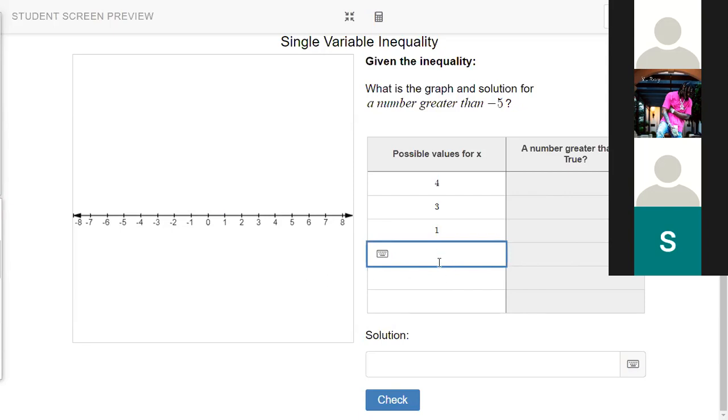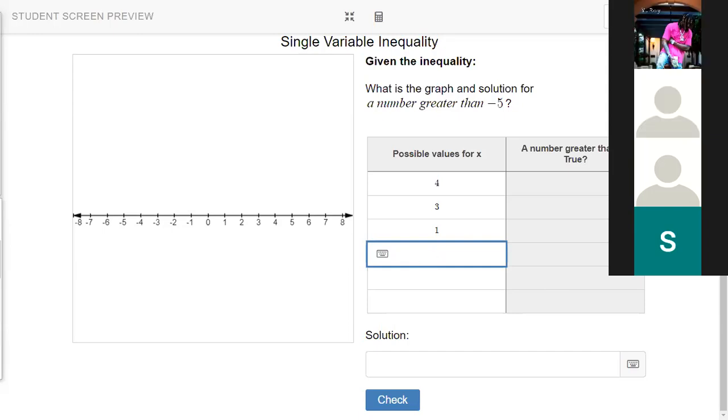What's a number not greater than -5? And you guys can write in the chat. What'd you say? Okay, what's a number that's not greater than -5? -7. Okay, -7.